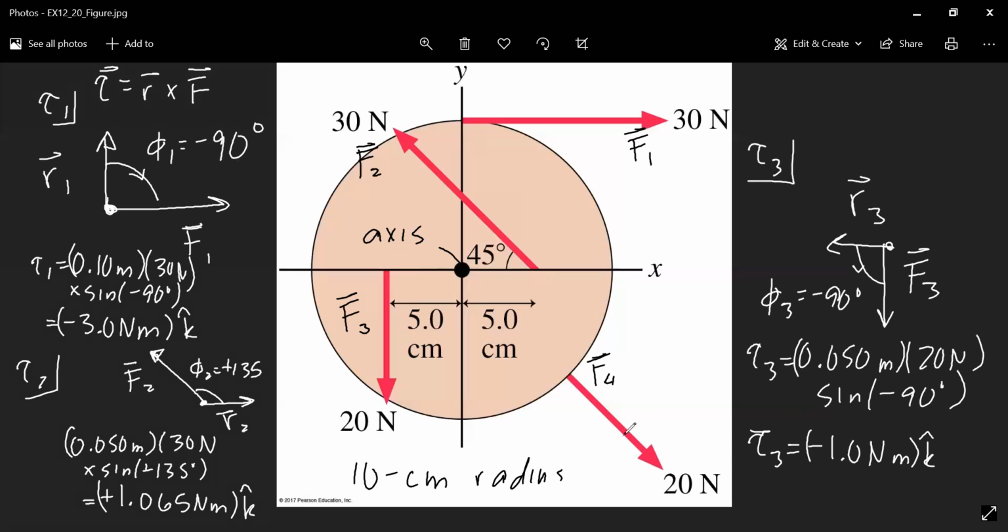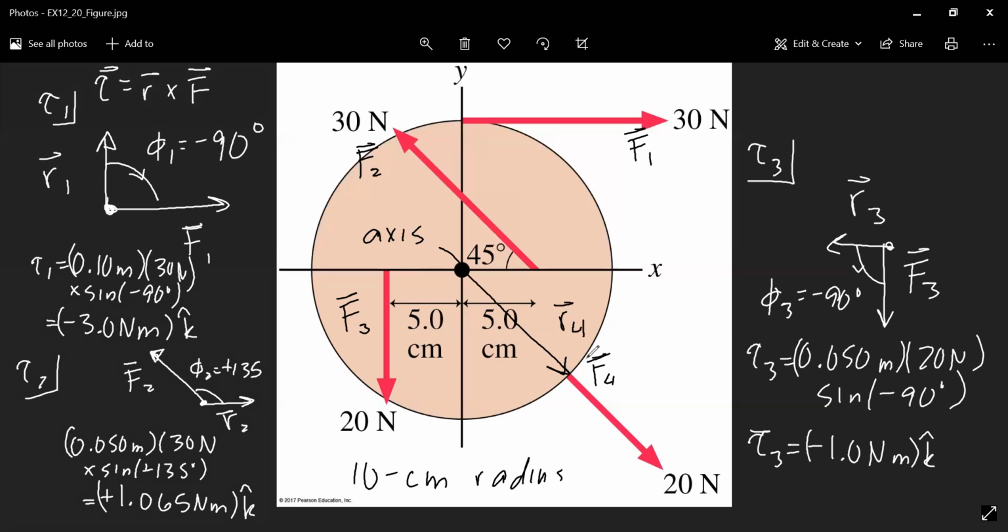And then finally, I can just draw it on the picture here, just to verify what our intuition might have been telling us. This R4 literally is drawn like this. So I've drawn vector R4 on the wheel.